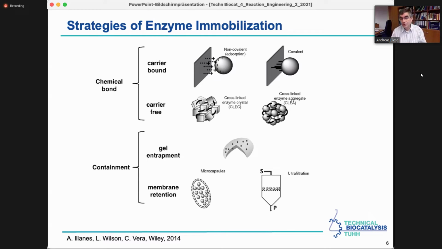So we have also a suspension, and there we're differentiating two things: that's the CLEC, cross-linked enzyme crystals, from cross-linked enzyme aggregates, CLEA. What is the difference?